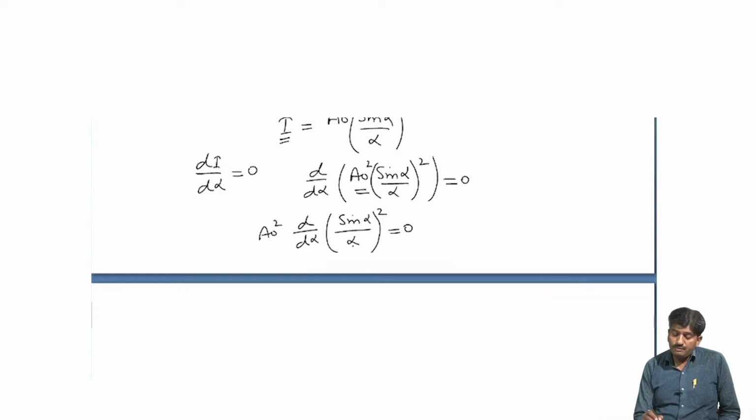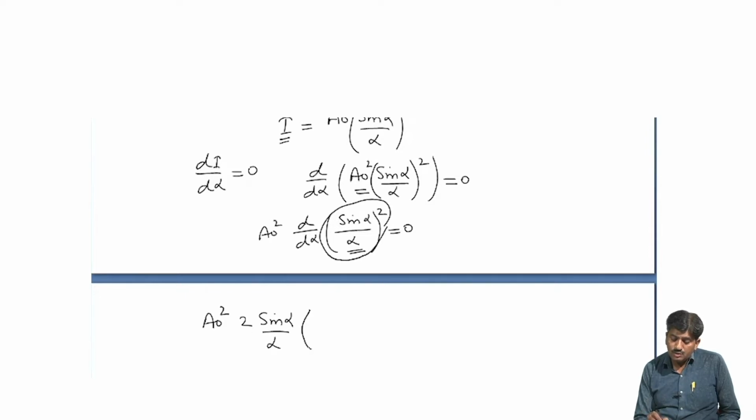If we differentiate it, it becomes A naught square twice sin alpha upon alpha into alpha cos alpha minus sin alpha, over alpha square.